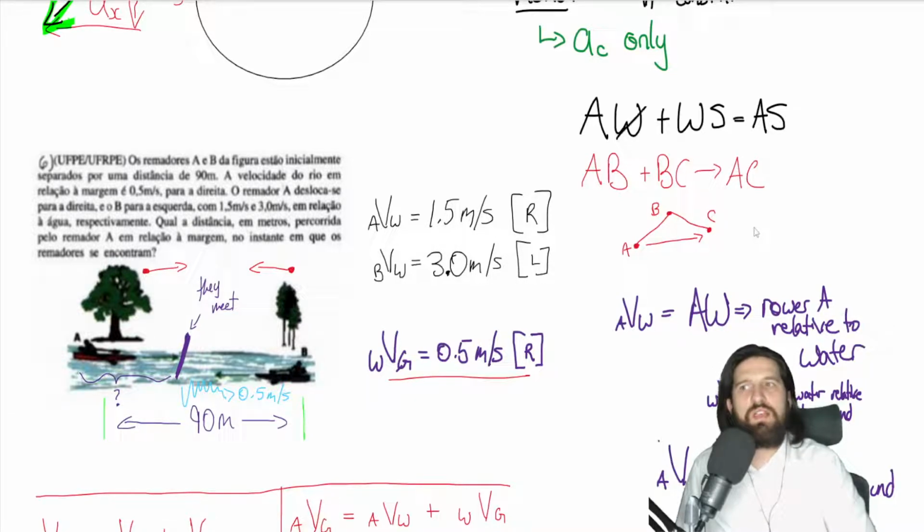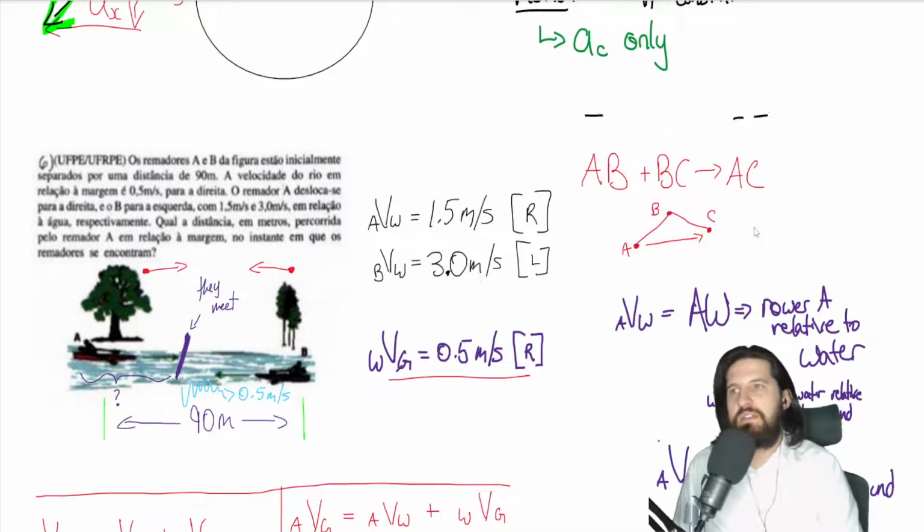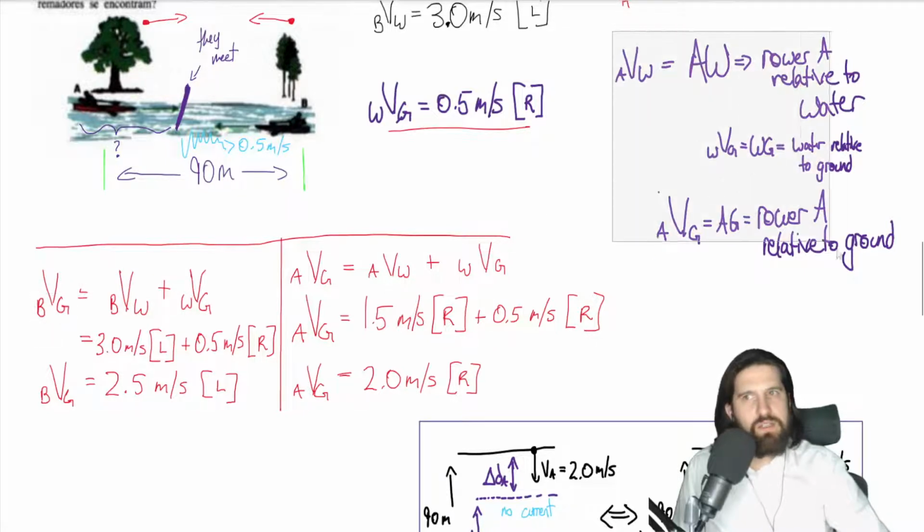So we can cancel the W's out, just like we canceled the B's out here. So in these equations, BG comes from BW plus WG, and then the W's sandwiched together and we end up with just BG.